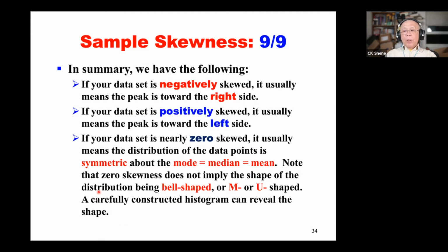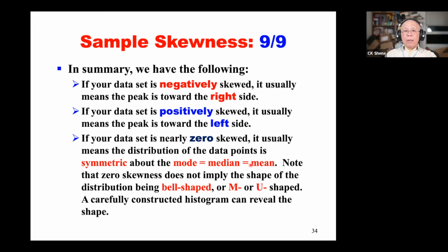So in summary, we have the following. If your data set is negatively skewed, it usually means the peak is toward the right. On the other hand, if your data set is positively skewed, it usually means the peak is toward the left side. If the data set is nearly zero skewed, it usually means the distribution of data points is symmetric about the mean, which is equal to the median.